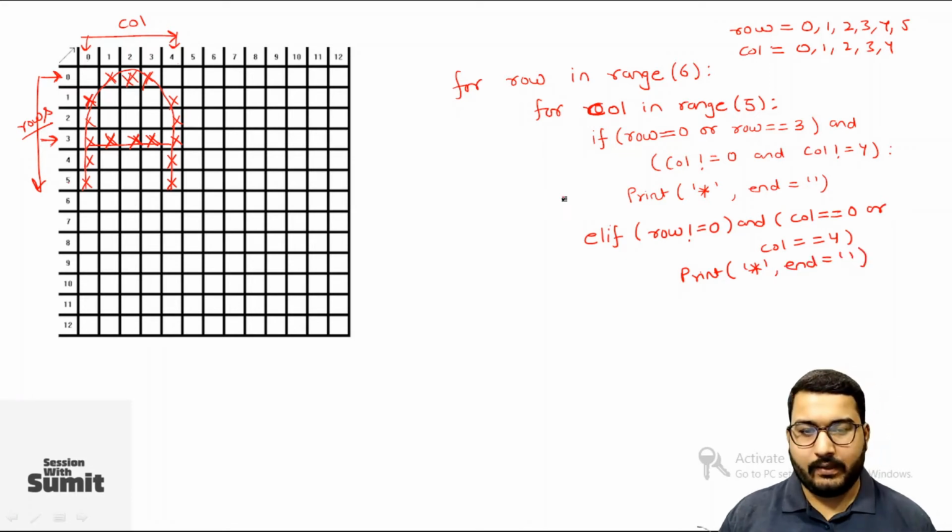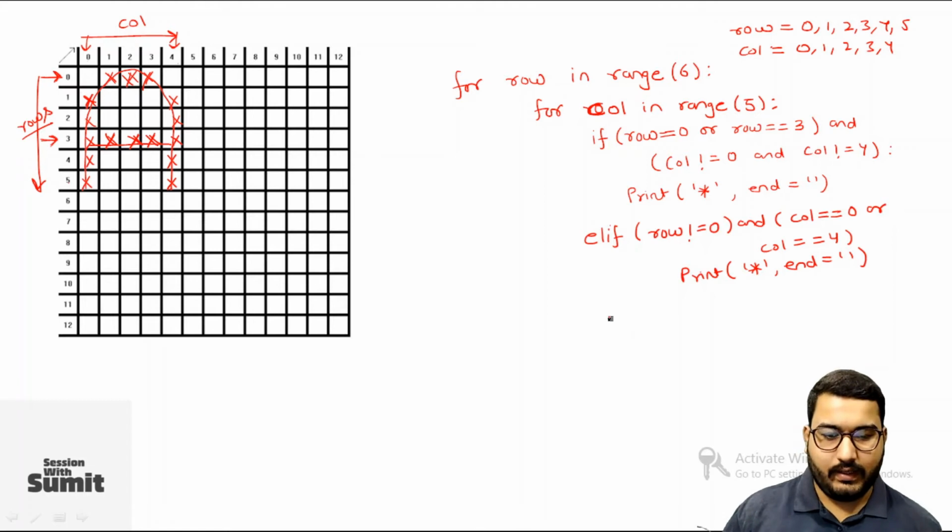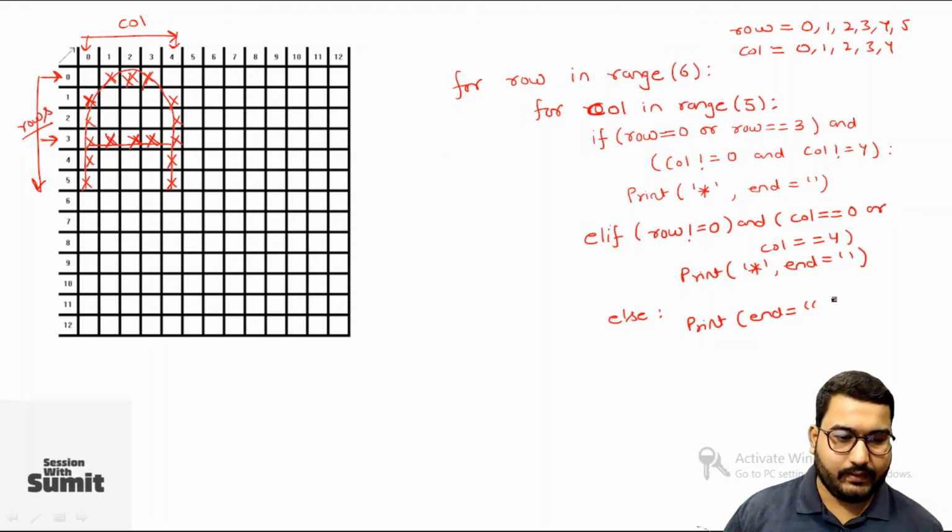Now apart from these two conditions, we also need to write conditions for these empty boxes. So if this is not true, then we need to print just the blank boxes. So else, just print, end is equal to space.